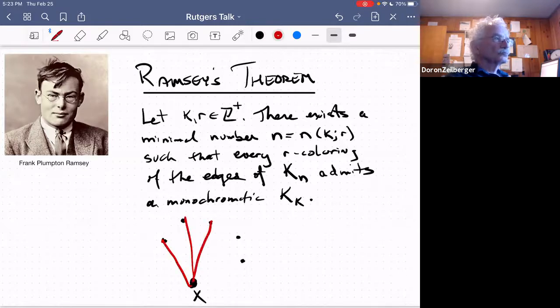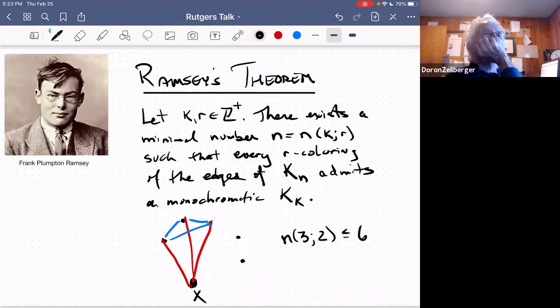Now, because of that, if any of the edges here or here or here are red, then we have a red triangle. And so we would say, okay, to avoid a red triangle, they all need to be blue, and then I have a blue triangle. And so here is the smallest case that would show that this number for 3, 2 is less than or equal to 6. And in fact, it's equal to 6.